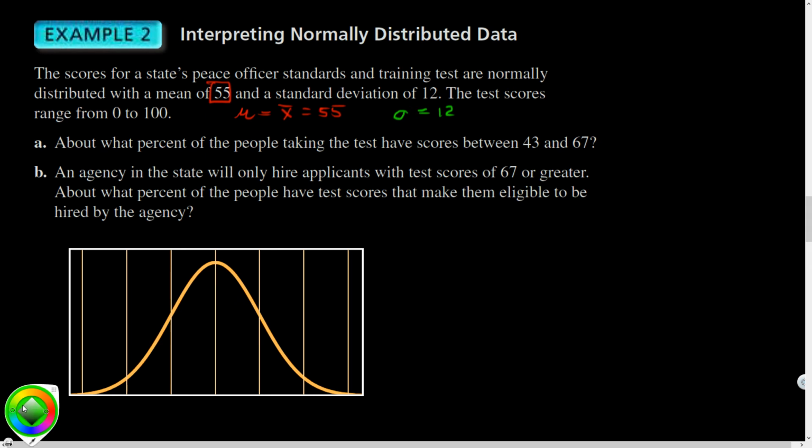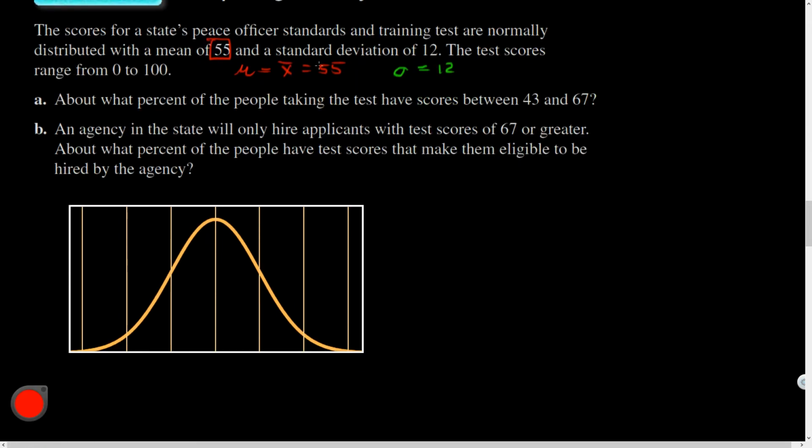All right, so first thing I'm going to do is actually label my graph with this information. Watch me carefully. So the middle is my mean, 55. And to that 55, each of these lines is going to be plus 12, plus 12, plus 12, right? These are standard deviations that I'm adding or subtracting.